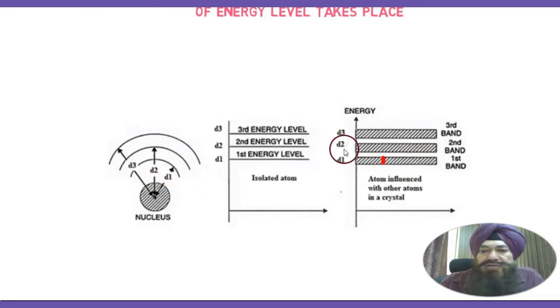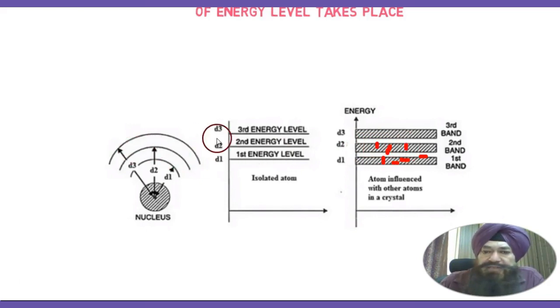D1 may be anywhere, any value in this shaded region. Similarly, there is a broadening of D2, and the atom may have any energy between this region.